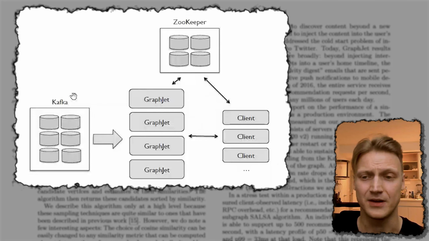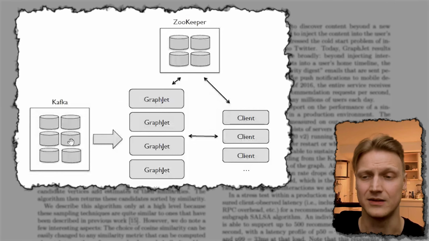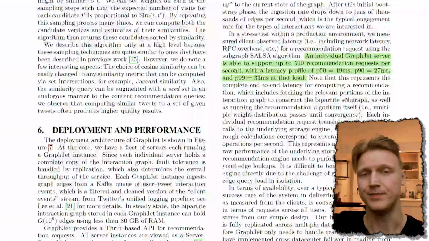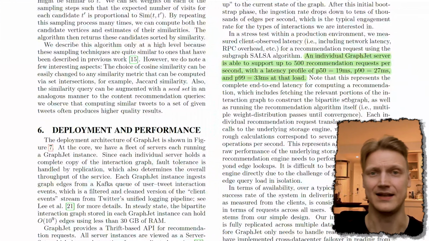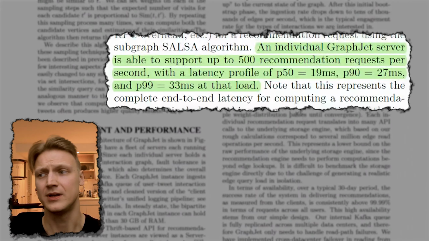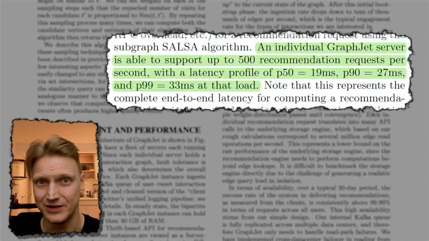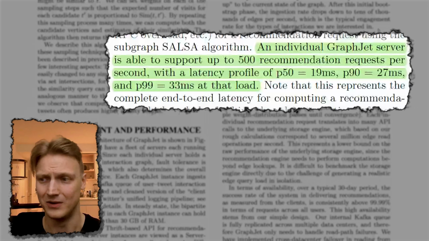And there are Kafka queues on the left, ingesting user tweet events to GraphJet servers. Because of a simple design, this thing is very resilient and highly scalable. An individual such server can support up to 500 recommendation requests per second with low latency.